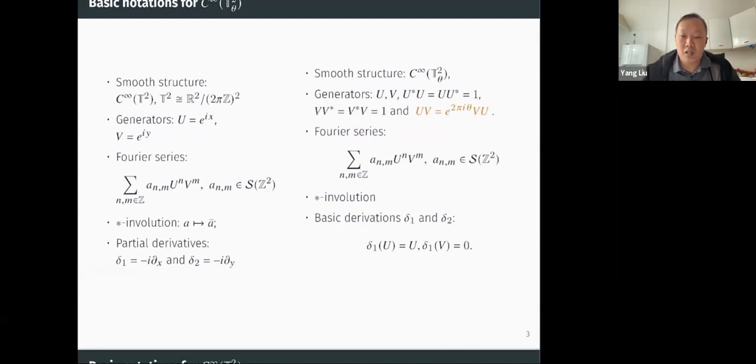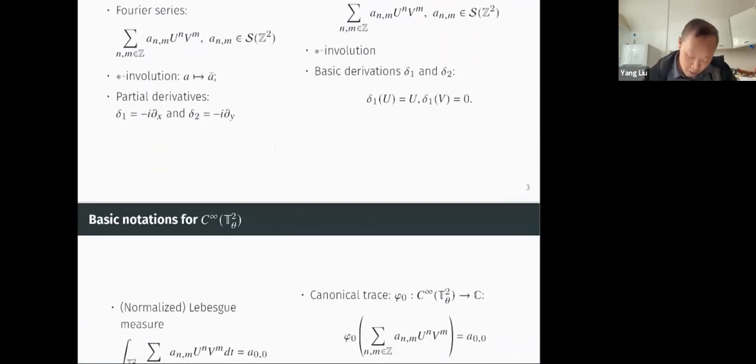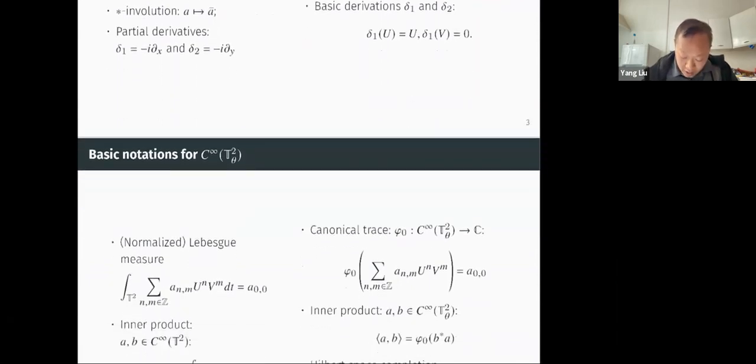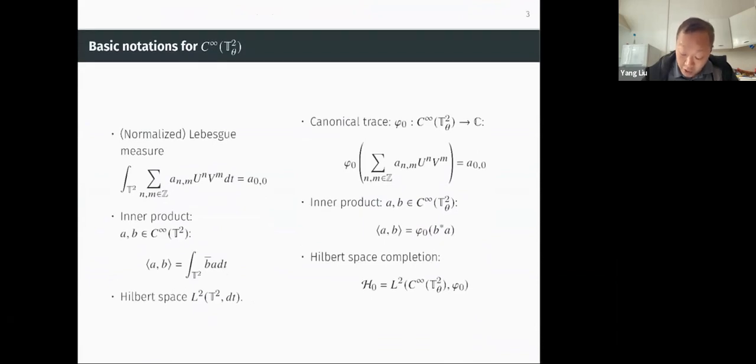This differential structure is represented by the algebra of differential operators generated by the basic derivations with coefficients in the algebra of smooth functions. That's the smooth structure. On the other hand, when we do calculus, we have differentiation versus integration, the measure theoretical aspects.